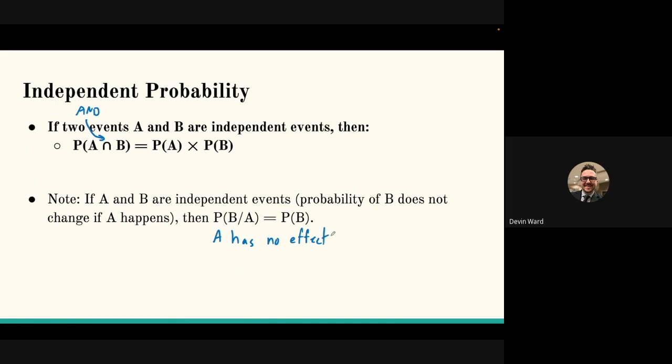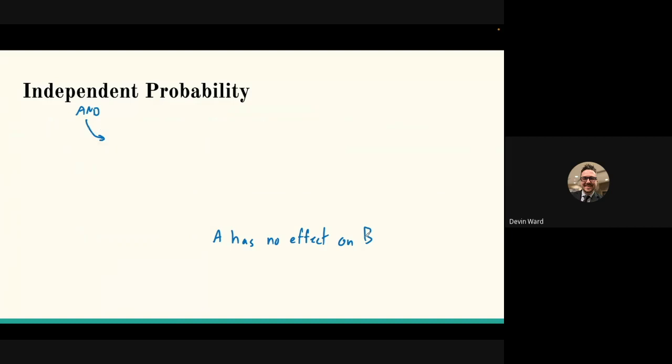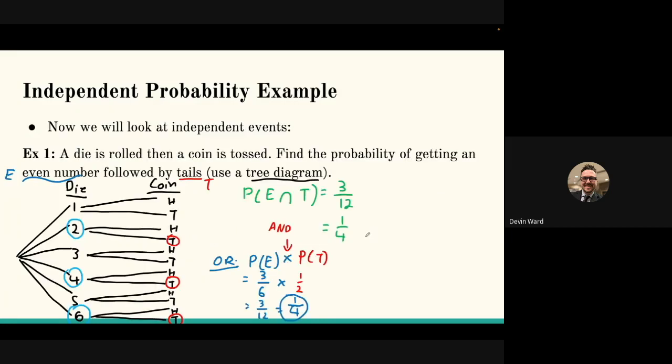So even if we know what A is, it doesn't matter because A doesn't affect B. So it's just the probability of B. Like if I know in that last example, if I knew that I rolled a 3, the probability of getting a tails still doesn't affect it because they're two completely independent events.